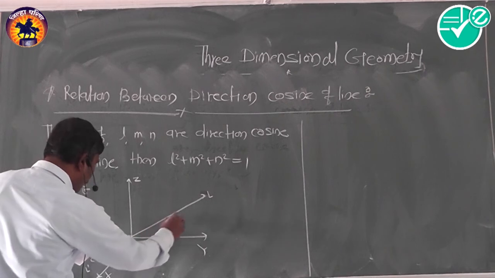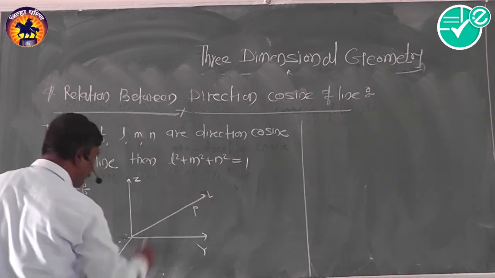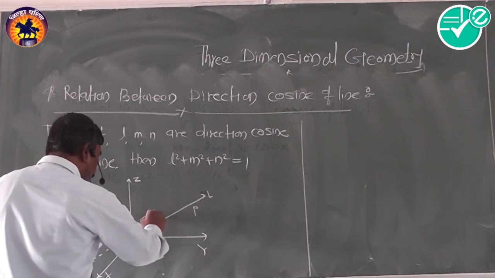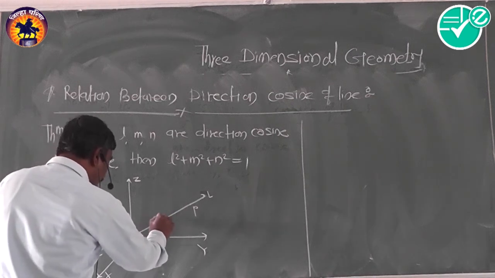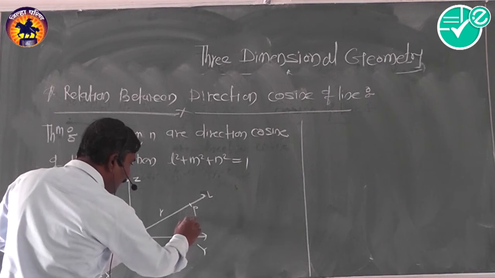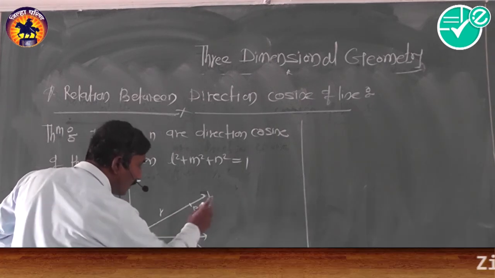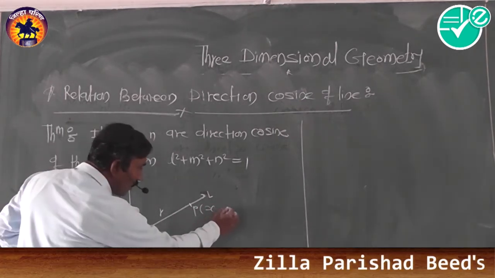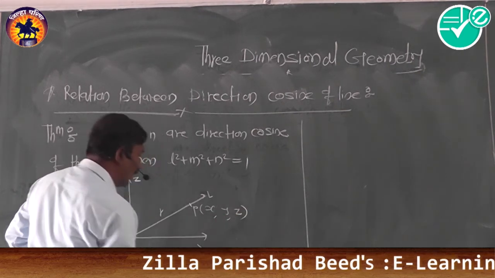Here we take a point P. The distance OP is r, and P is a point in three-dimensional geometry, so it has three coordinates: x belongs to the x-axis, y belongs to the y-axis, and z belongs to the z-axis.